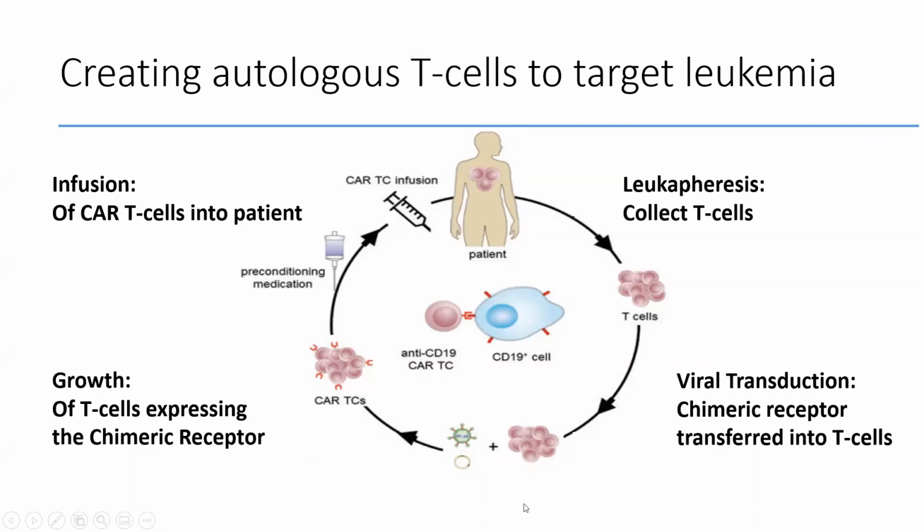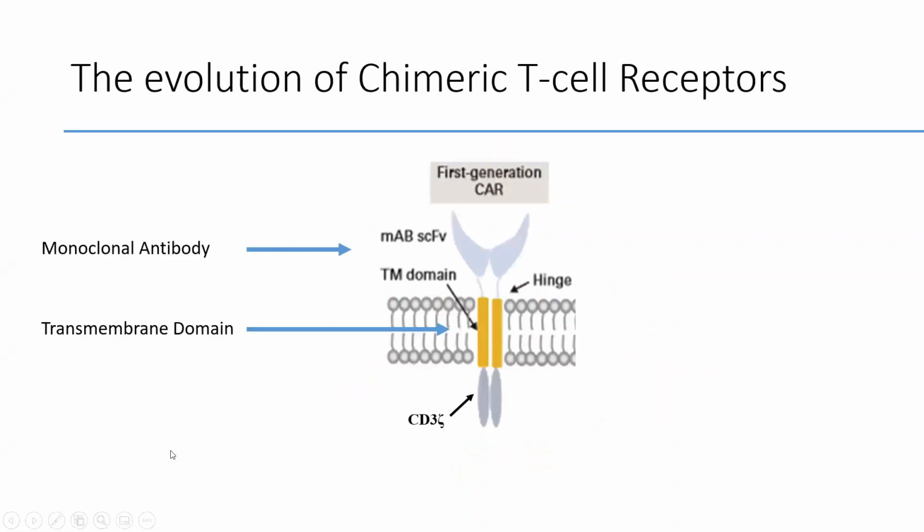When the cells are infused back into the patient, the T cells find the cells that express their CD19 target and eliminate them. You can see this whole process over here. This is the process of how we are doing it.